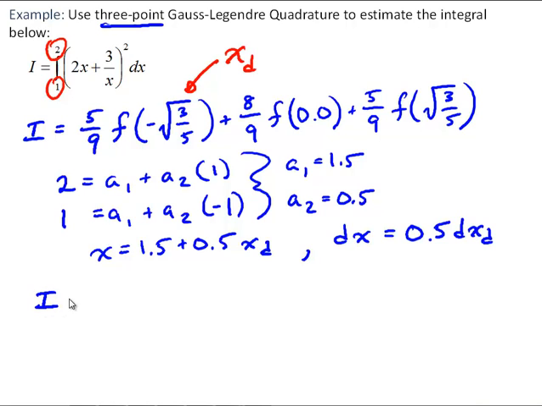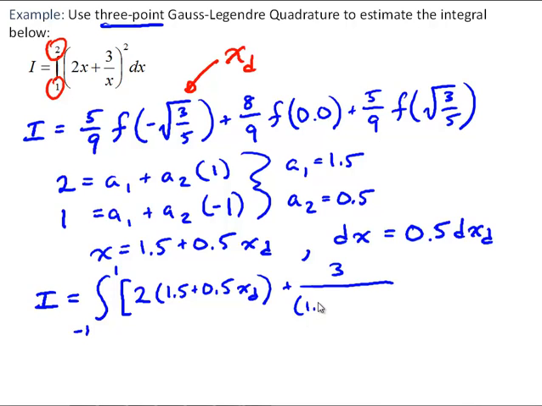So our new integral here is I is equal to the integral from -1 to 1 now of, and now we need to plug all this in. So we have 2, and then substituting in for x, 1.5 plus 0.5 xd plus 3 divided by 1.5 plus 0.5 xd. This whole thing is squared, and then substituting in for dx, we have 0.5 dxd.